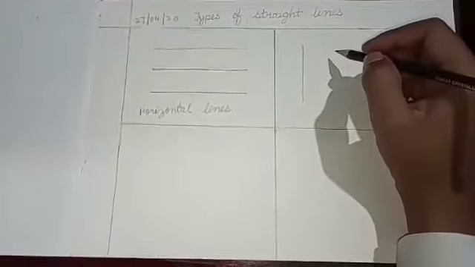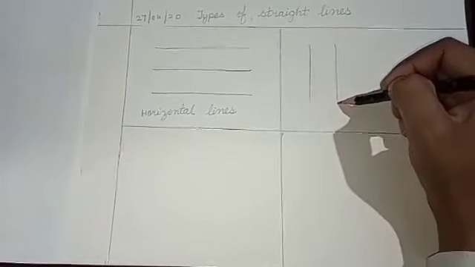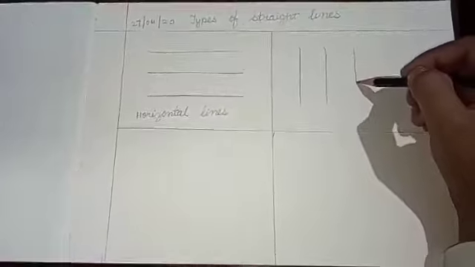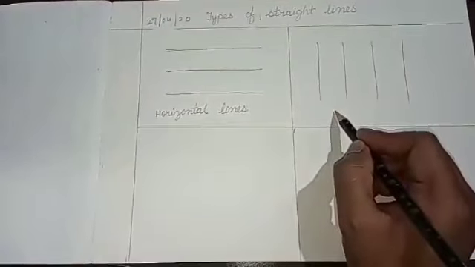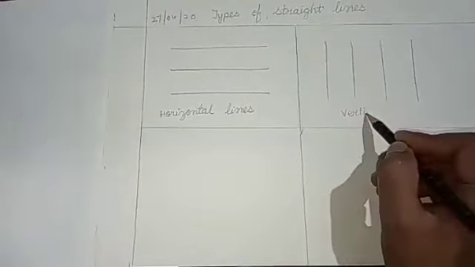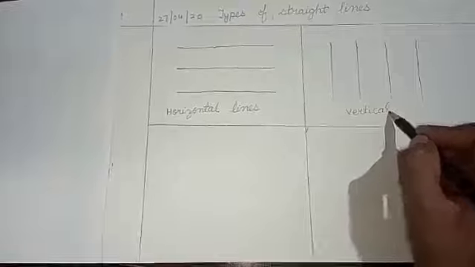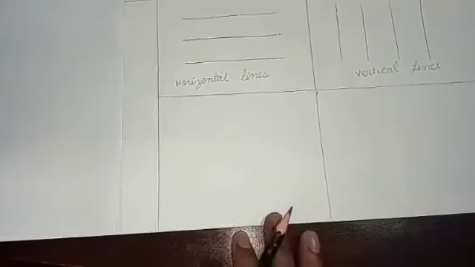We'll draw two or three times more like this. These are vertical lines. We'll mention here vertical lines. Now we'll move to slanting lines.